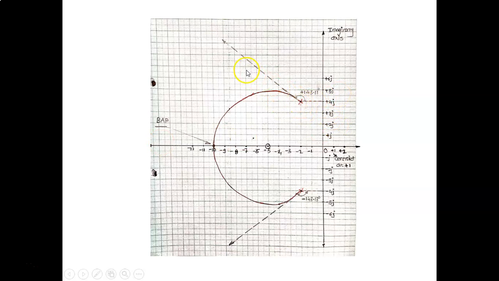It will move like this, it will enter the real axis at s is equal to minus 10, again it will leave the real axis and it will move like this, and again from this also, minus 143 tangential curve will be there. Like this your root locus is there. Thank you very much. This is the centroid, sigma is equal to 1.